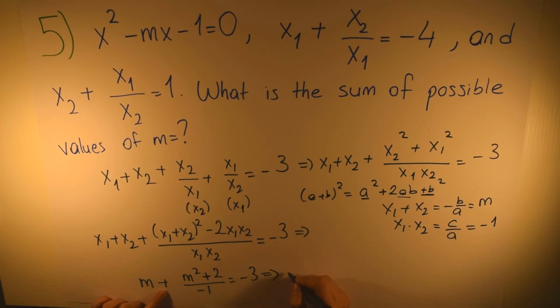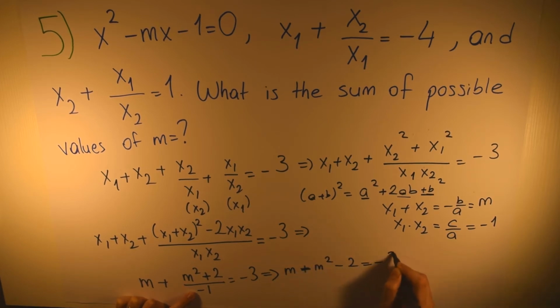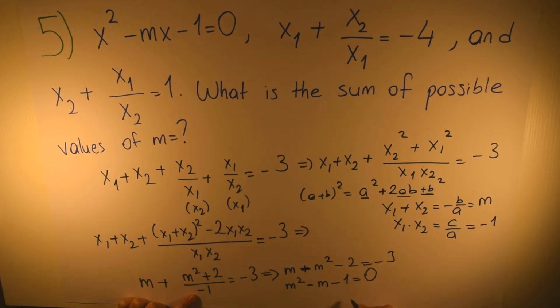From here we will get m minus m squared minus 2 is equal to minus 3, because we divide this by minus 1. And from here, when I put all these to the other side, we will get m squared minus m, plus 2 minus 3 plus 2, so it's minus 1 is equal to 0.